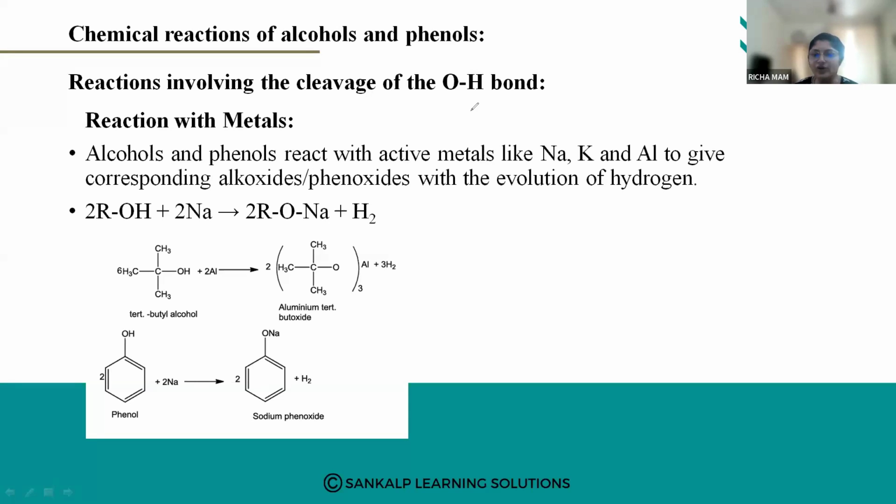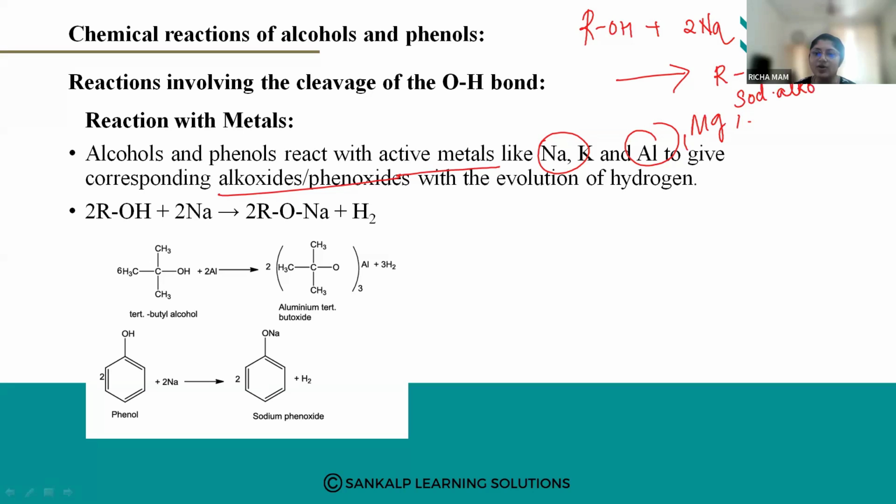Alcohols and phenols react with active metals like sodium, potassium, aluminium, magnesium. These are the active metals and they will give the corresponding alkoxide or phenoxide. So alcohols, we have to react them with the active metals and we get alkoxide.